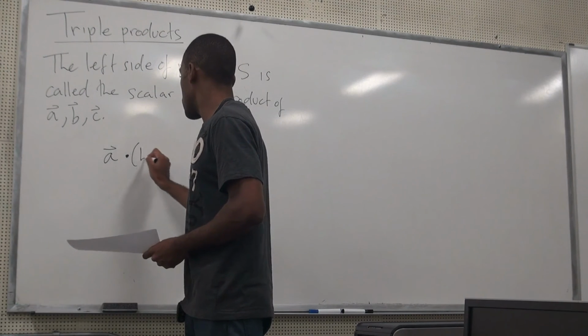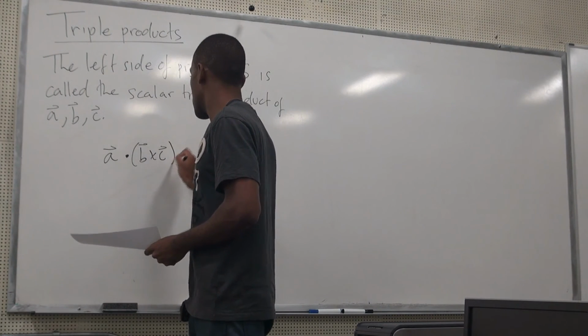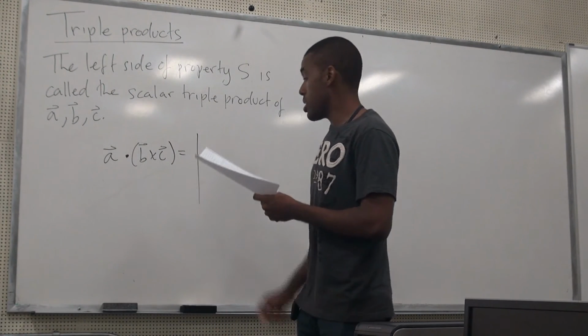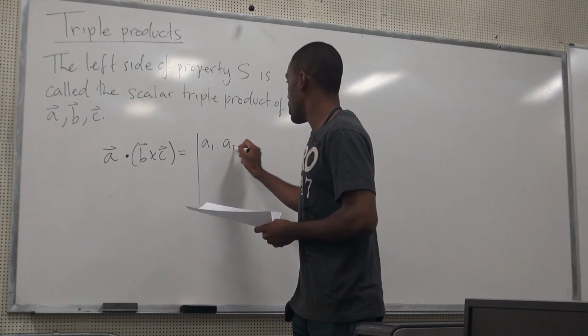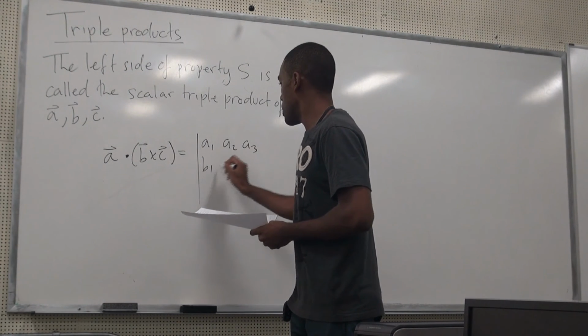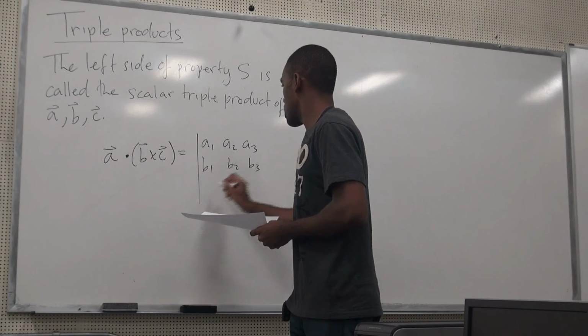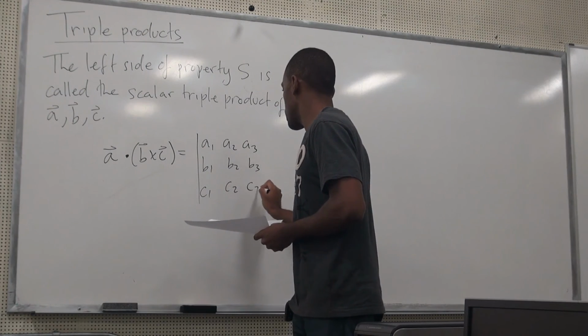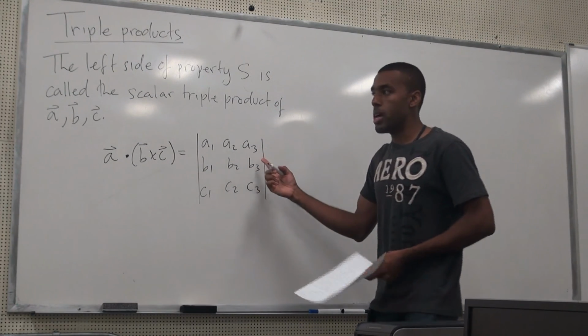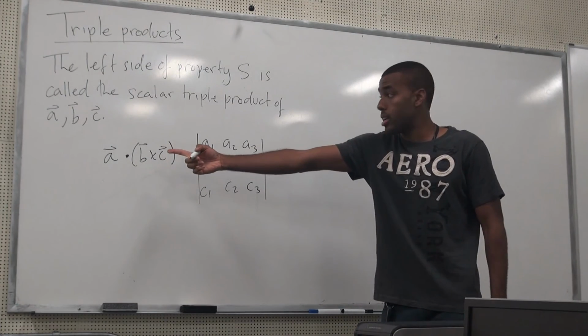So A dot B cross C is actually a scalar defined by the determinant with rows A1, A2, A3, B1, B2, B3, C1, C2, C3. So if you find a determinant of that matrix, it's the same as finding that expression.